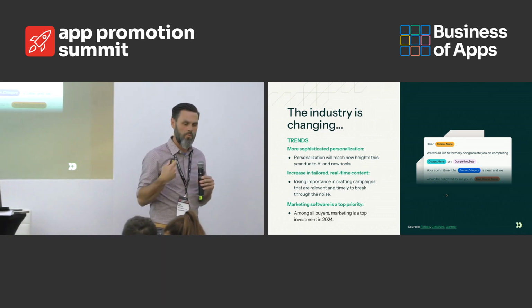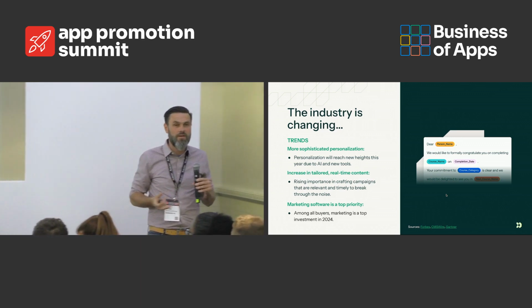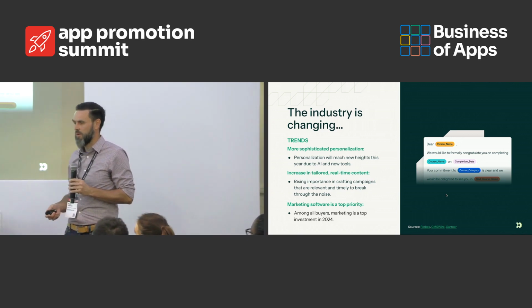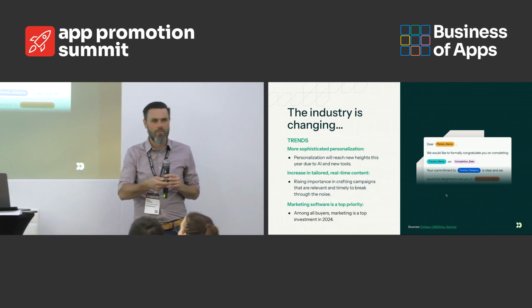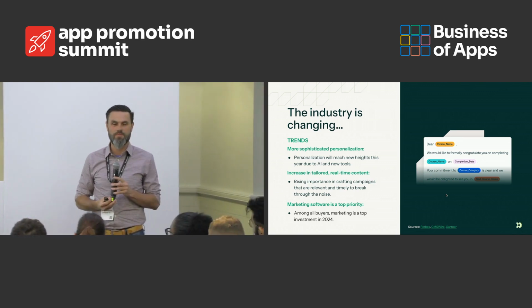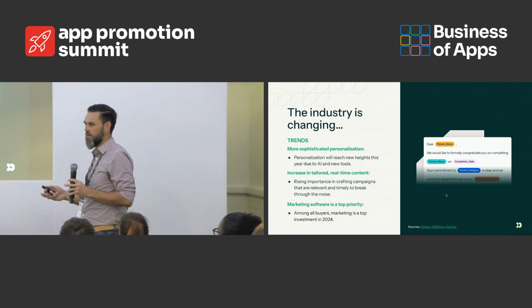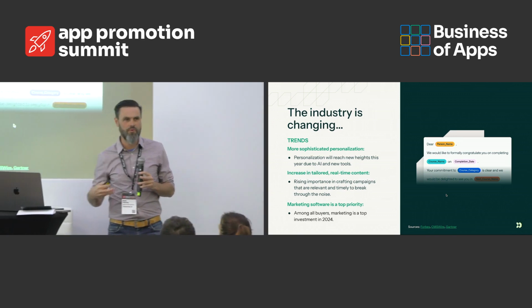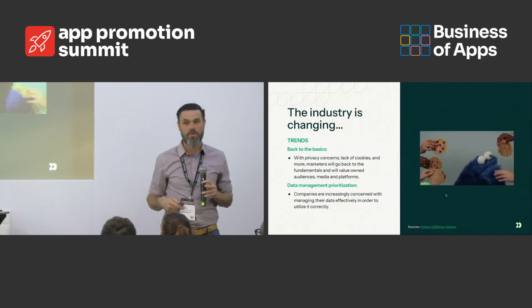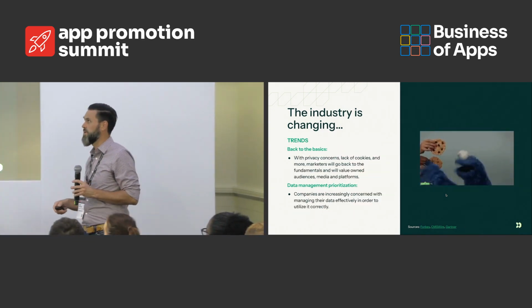So, making sure that we're serving up the right idea, the right concept at the right time, at the right place, and in the right way. And as you can tell by everybody in this room, and probably the way some of your teams are growing, as we look at some of the industry reports, spending on marketing software is one of the top priorities for a lot of companies.